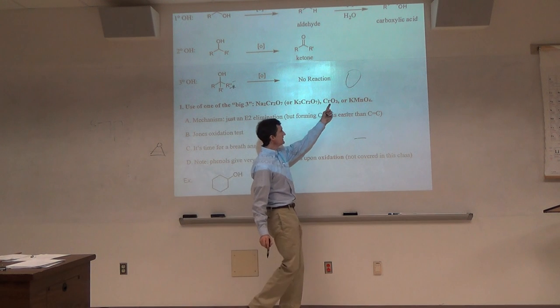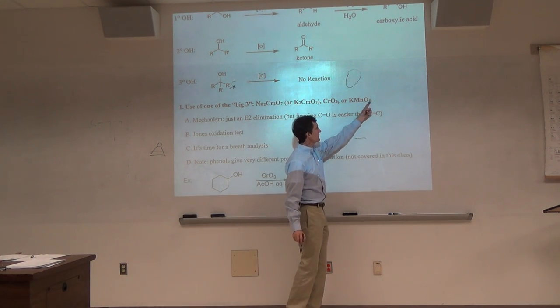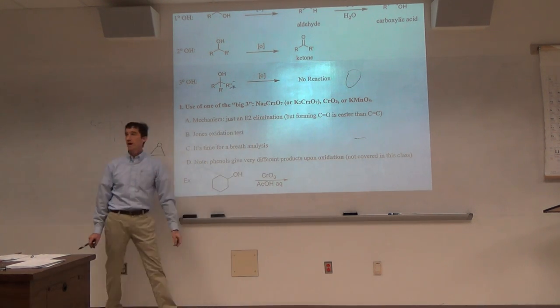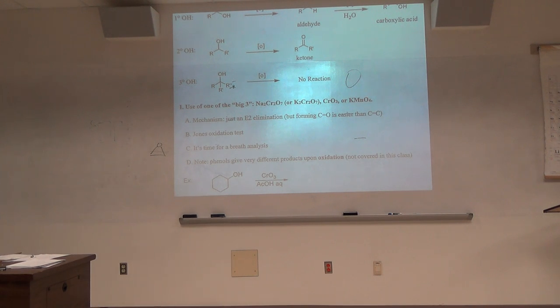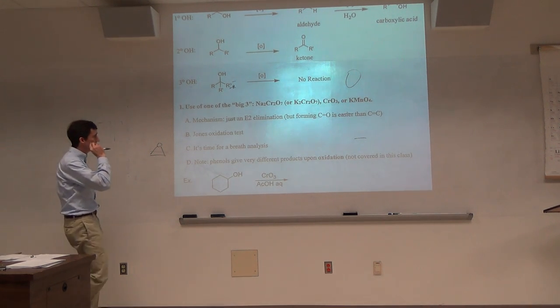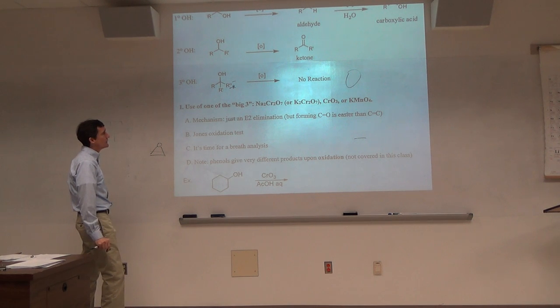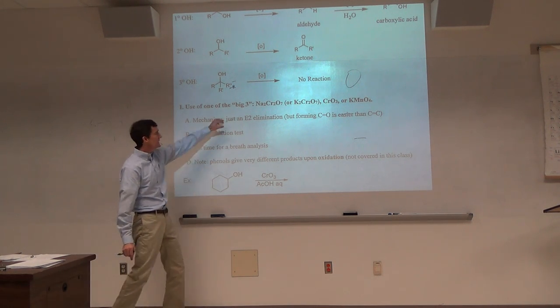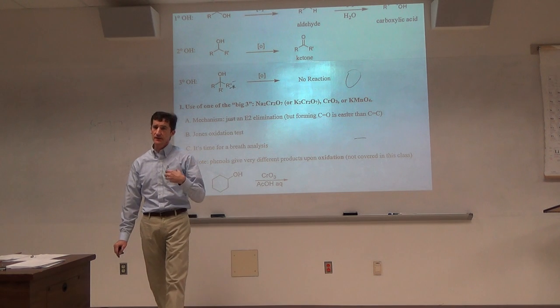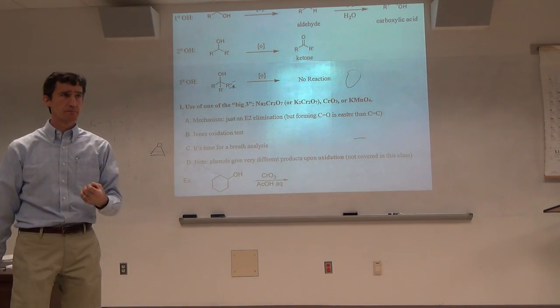Then chromium trioxide or potassium permanganate. They all have oxygen, they're all heavy metals, they're all a little toxic or environmentally unfriendly. There's other oxidants out there, but these are the big 3 that you see in your textbook and in the introductory organic discussion.